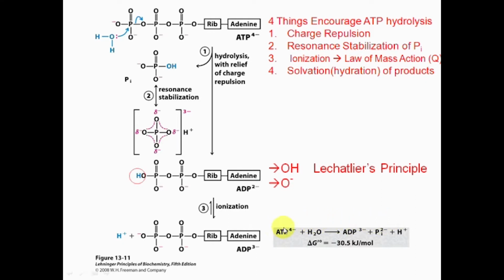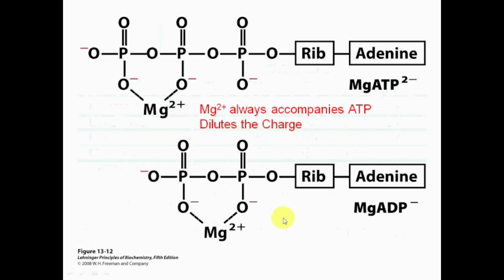Because as long as we have ATP, it's going to favorably move to the right, and we're going to be able to harness that energy. The reaction proceeds very easily to the right, so we want to make sure we always have a lot of ATP in the cell. This is showing ATP, and here's magnesium. Magnesium always accompanies ATP to dilute the charge.